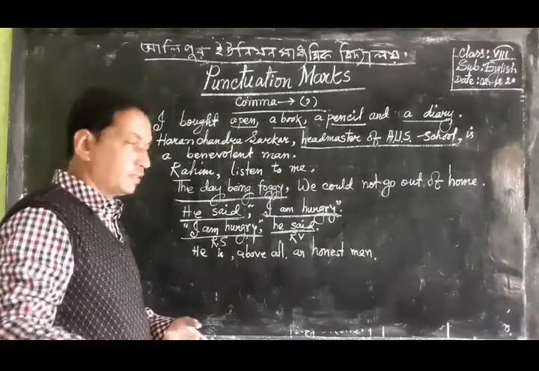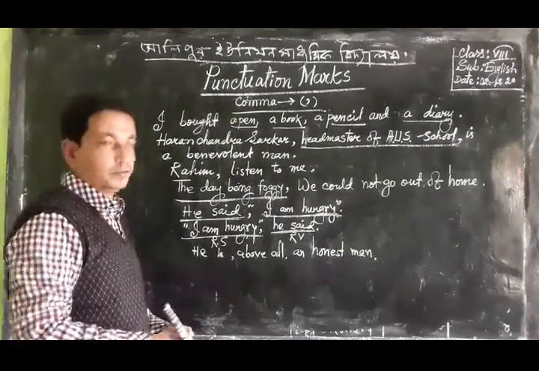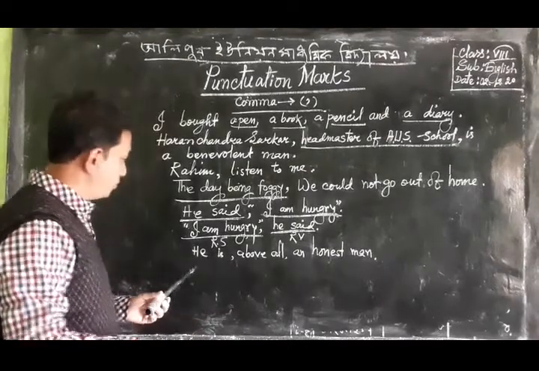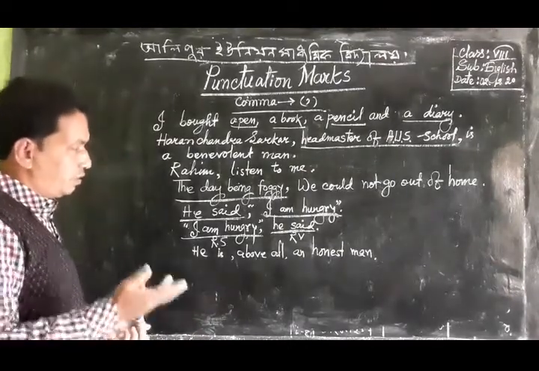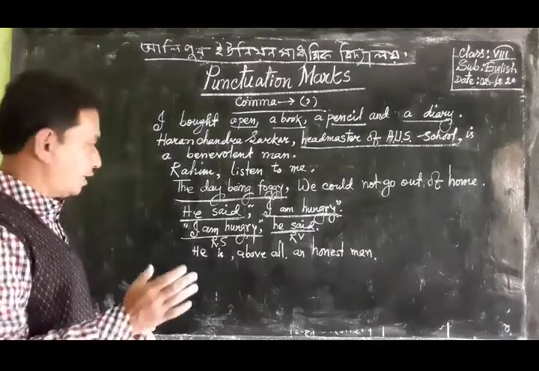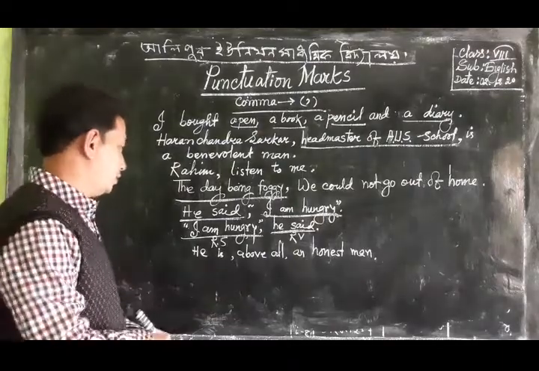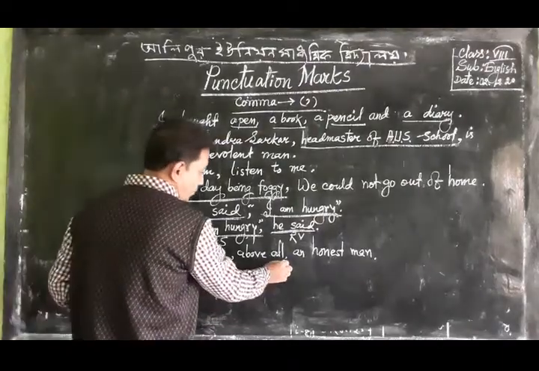Dear learners, he is a capable and honest man. If you analyze the sentence, it will become clear. Look at the blackboard: capable.